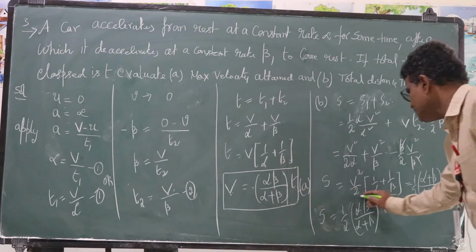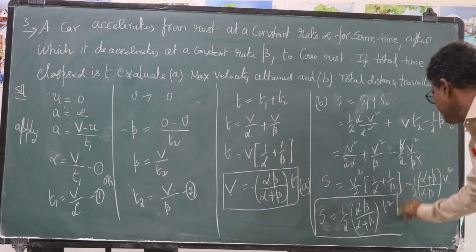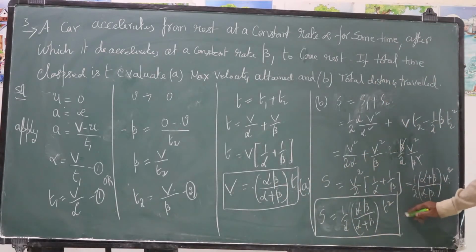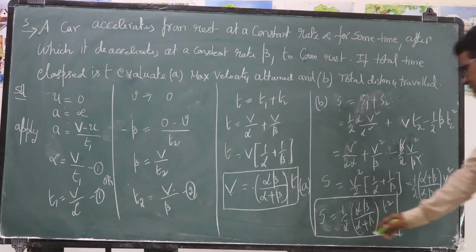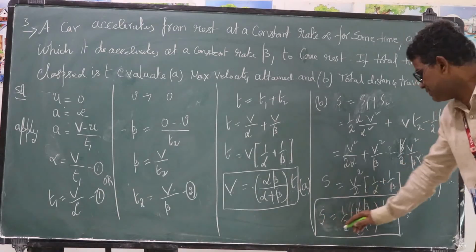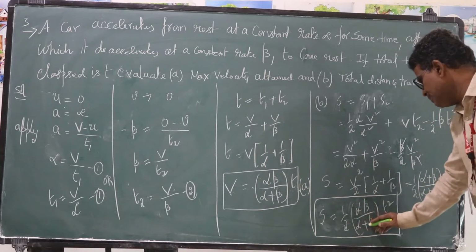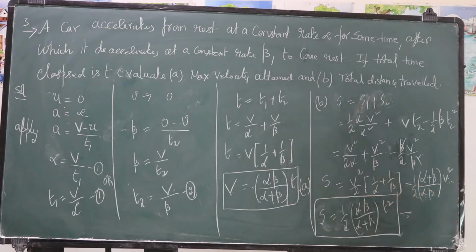This is in terms of maximum speed, and this is the required answer. The distance traveled during the total time t is half of alpha beta by alpha plus beta into t square.